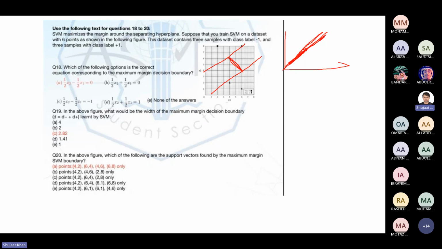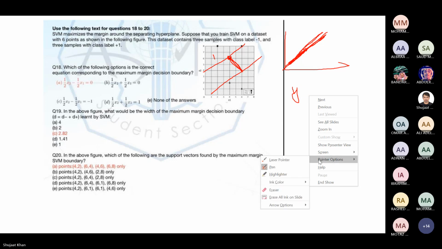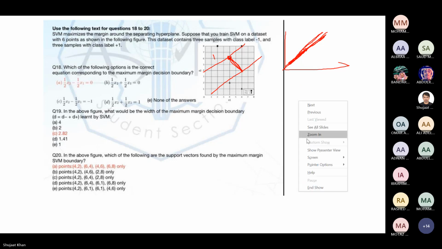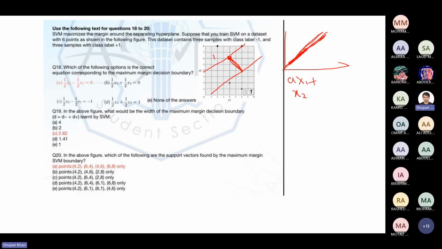So here we know that this hyperplane has this point and its slope is 1. And you can use this formula, ax1 plus bx2 plus c is equal to 0.